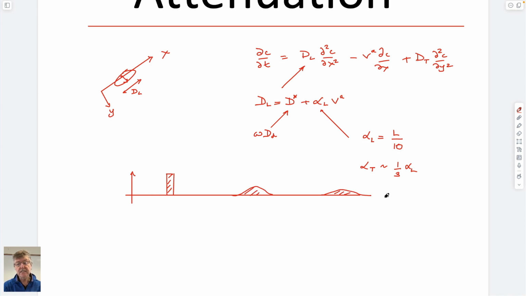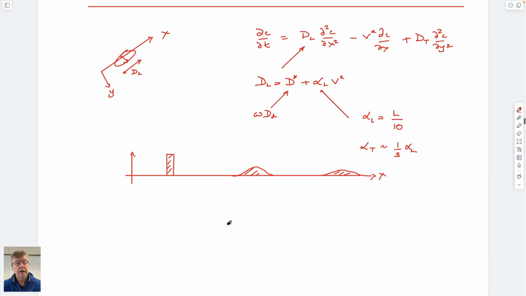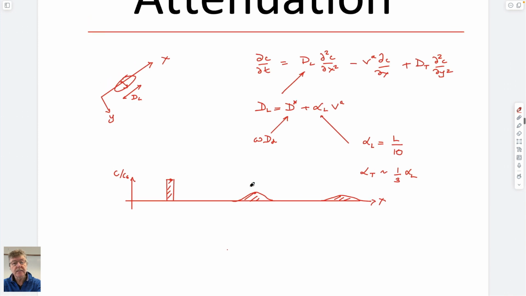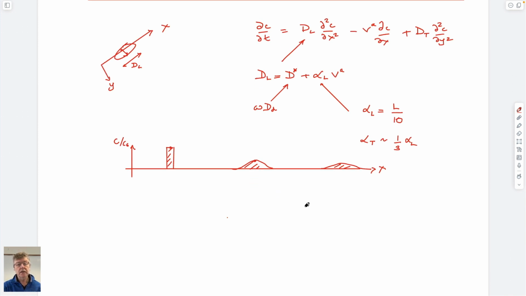And I guess in this case, the area under the curve would be in 3 dimensions. It'd be the dimension into the page as well. It'd be the volume under this curve. And this is concentration. And necessarily, the peak of this goes down as you go downstream because it's spreading out wider, and so you'd expect that. And so that's the case for what we'll call conservative transport.